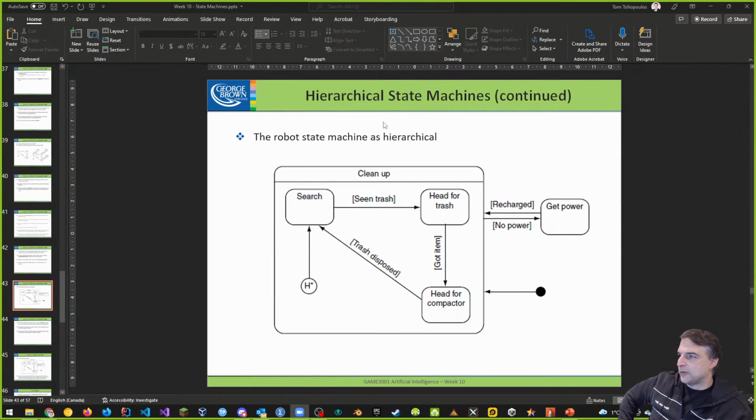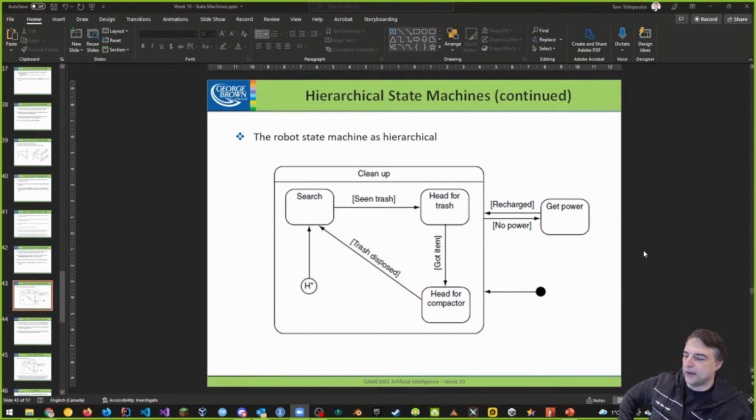So a hierarchical state machine is refactored, if you will, right? It kind of groups states that make sense together into another state. Example, cleaning up or getting power. Getting power could also be something that looks like this. Where when I get power, if you want to be really more realistic, I have to move to the power. I have to get into the station. When I'm in the station, I have to wait for my power to be up.